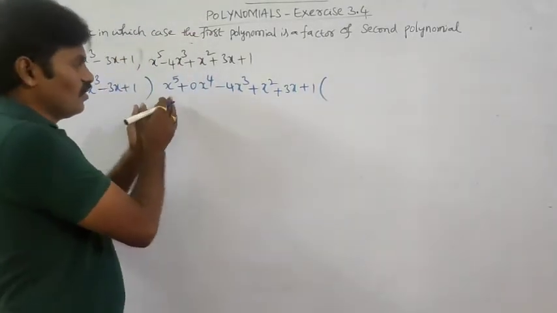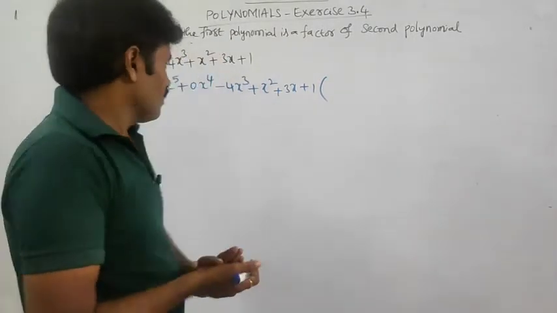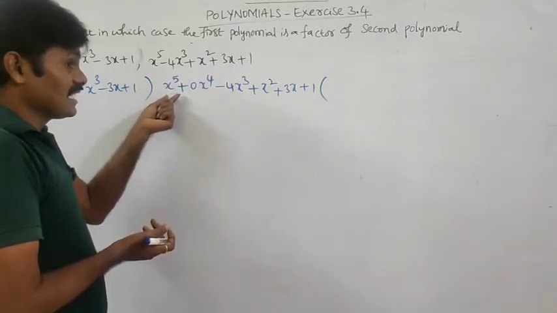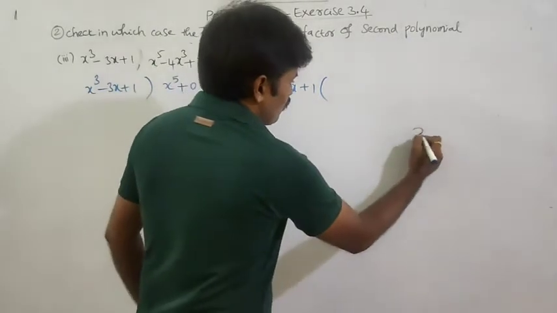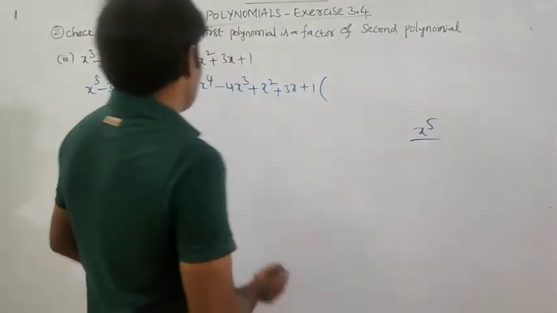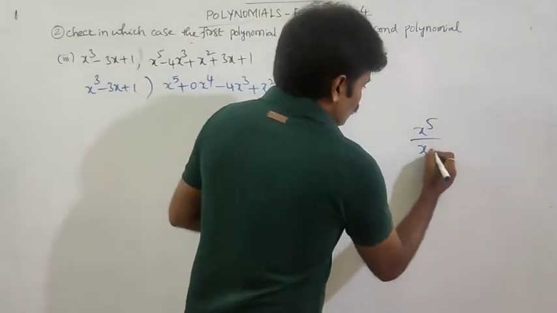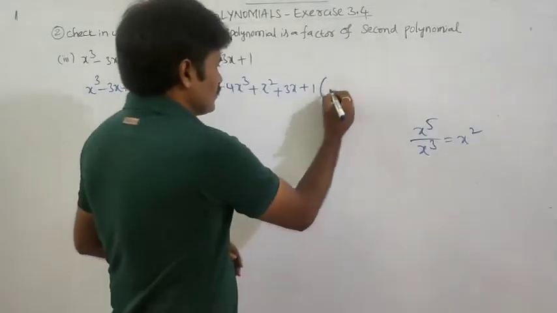Now we are arranging the degrees in their order. What is the highest degree term of this dividend? x to the power of 5. What is the highest degree term of the divisor? x cube. So we get x square as the first term of the quotient.